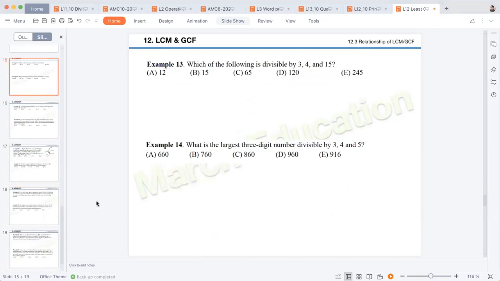Next, find the common multiple for 3 numbers. Example 3, example 13. So we must find the least common multiple of 3, 4, 15.